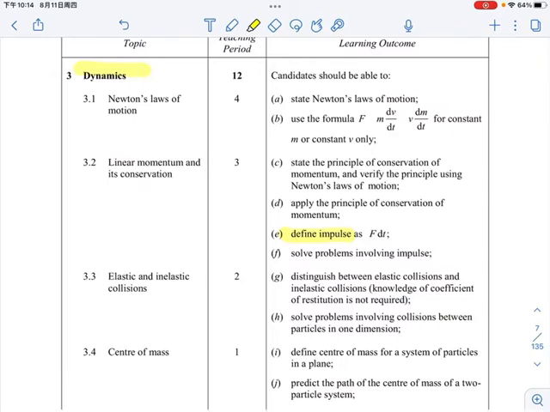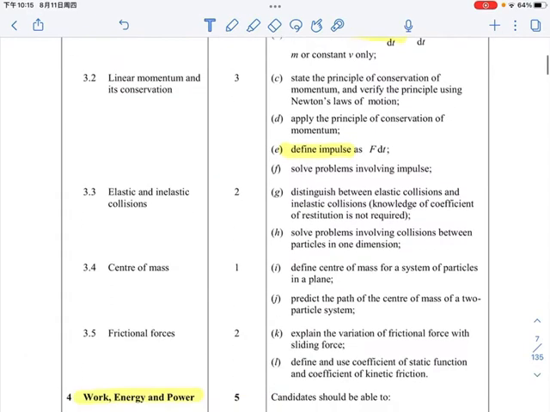But in STPM there is one type of question where you have to derive the formula, for example F equal to m dv/dt. You have to derive how you get this formula. This is one type of question you will see in your STPM examinations.